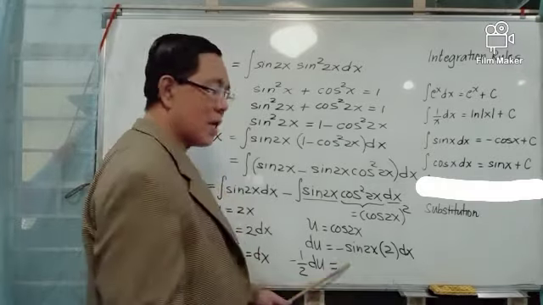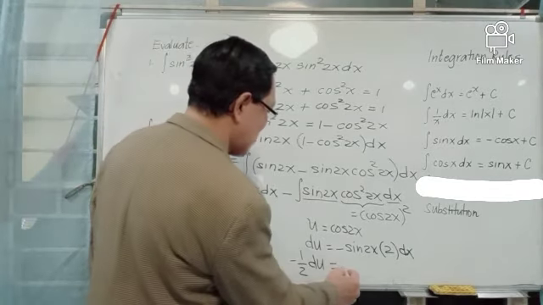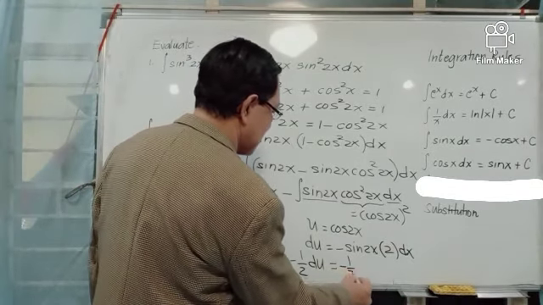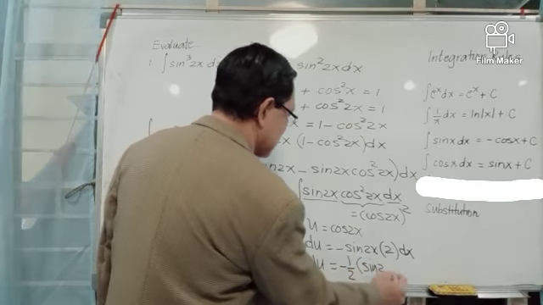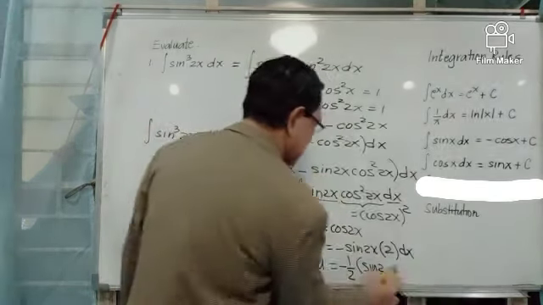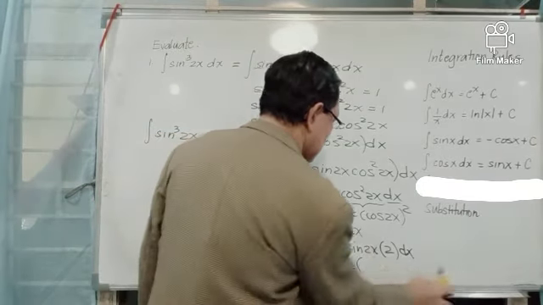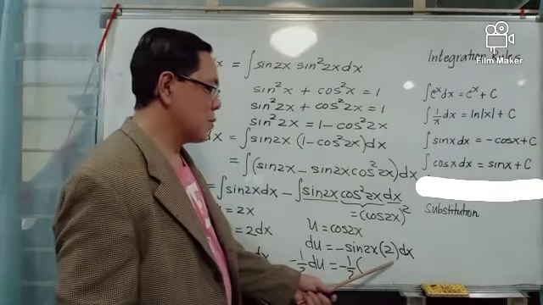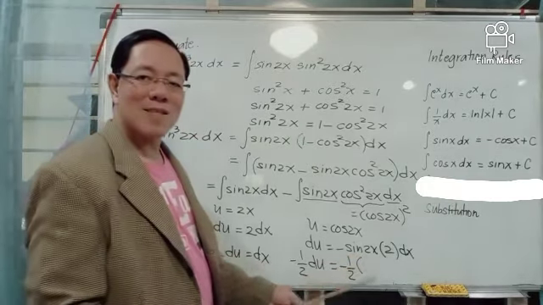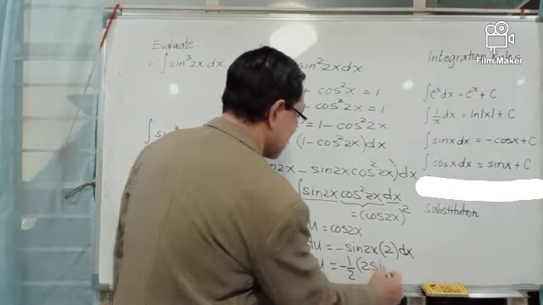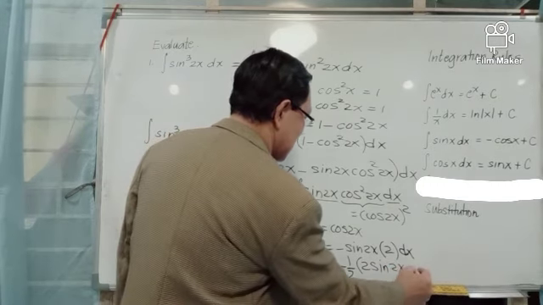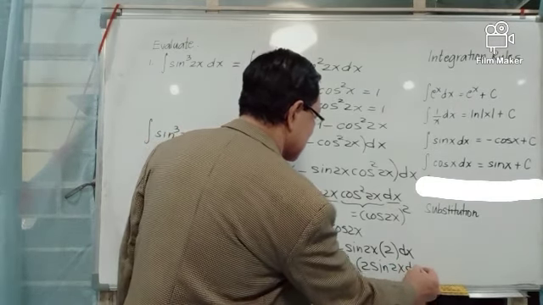And we multiply the right hand side by negative 1/2, negative 1/2 multiplied by negative 2 sine 2x dx.